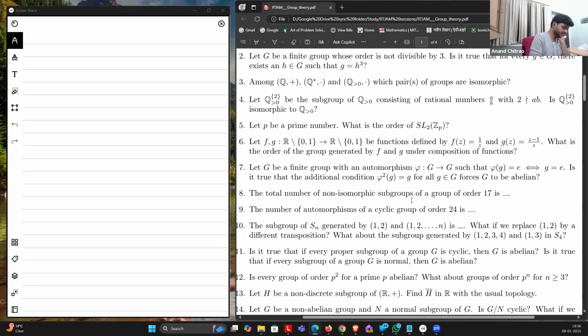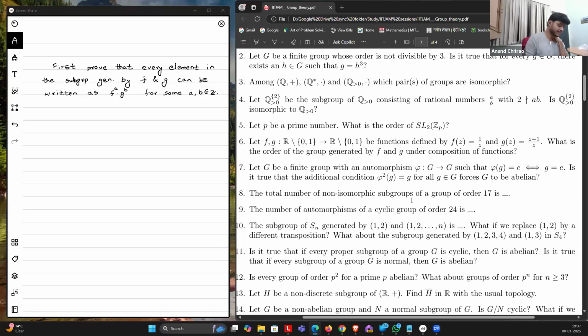First, prove that every element in the subgroup generated by f and g can be written as f to the power a times g to the power b, for some a, b in integers.